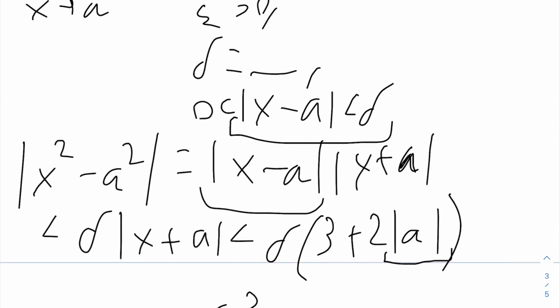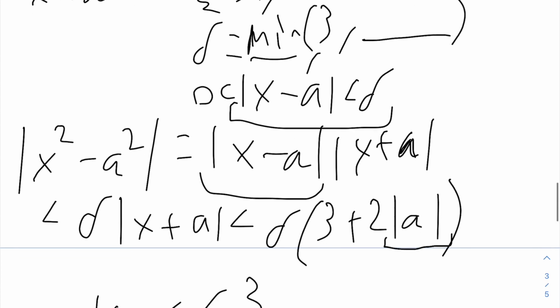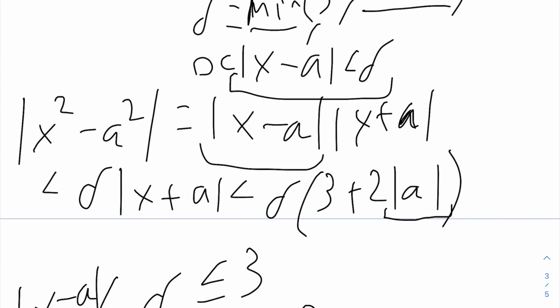So the delta for now is the minimum of 3 and the other value that would be in terms of epsilon. And so what value of delta would work to convert this expression over here into epsilon?